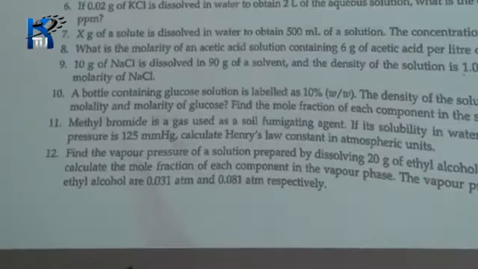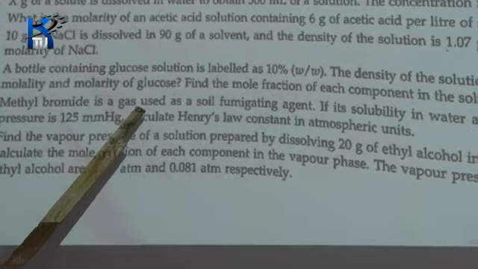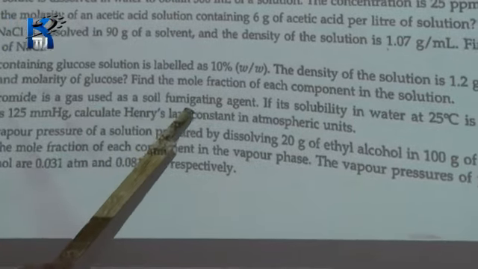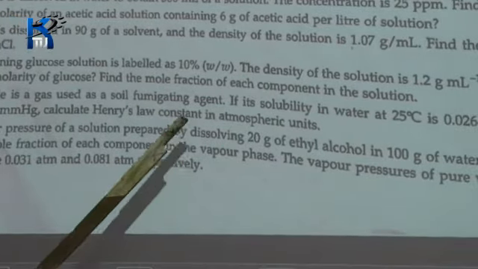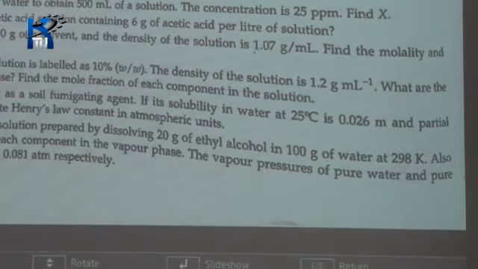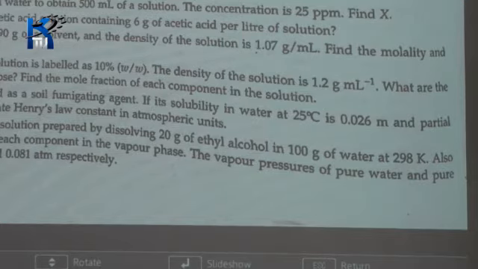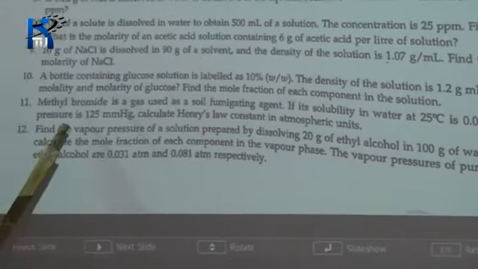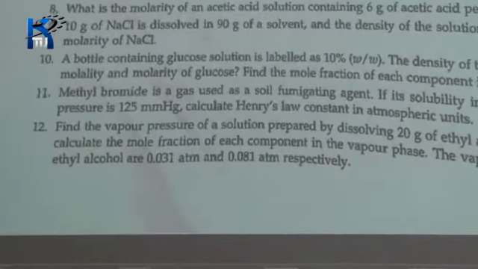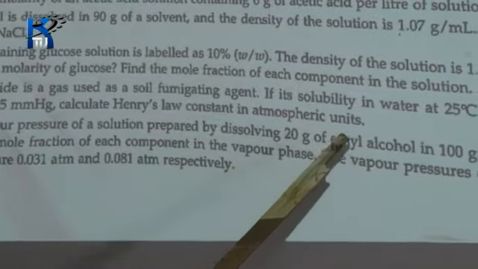Question number 11: Methyl bromide is a gas used as a soil fumigating agent. If its solubility in water at 25 degrees centigrade is 0.026 molal and the partial pressure is 125 millimeter of mercury, calculate the Henry's law constant in atmospheric units.